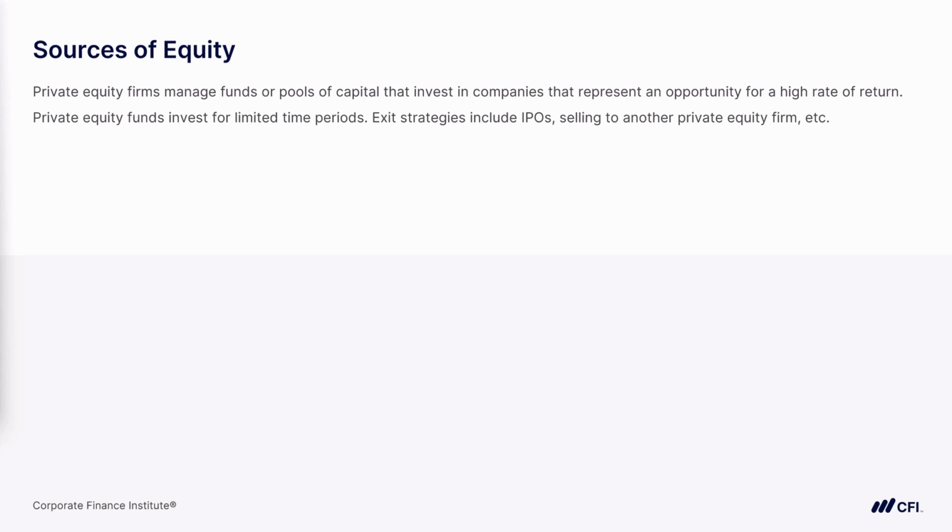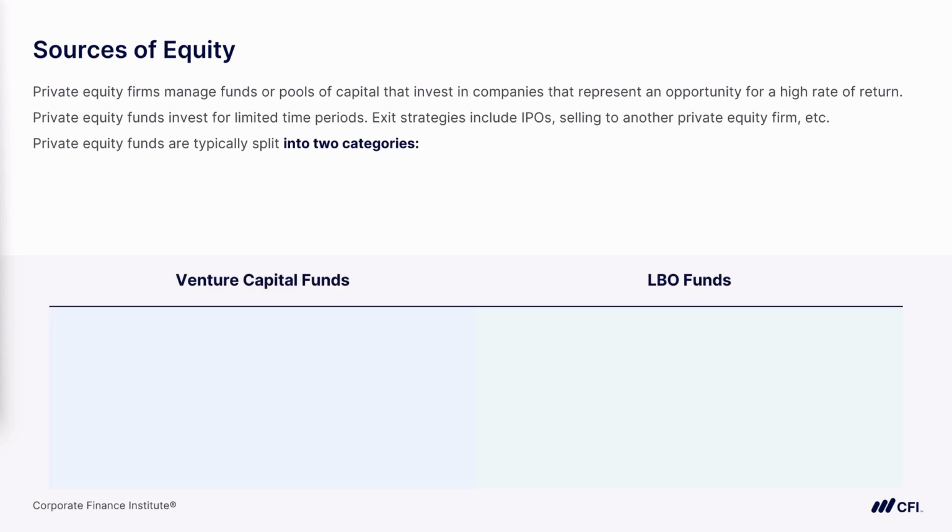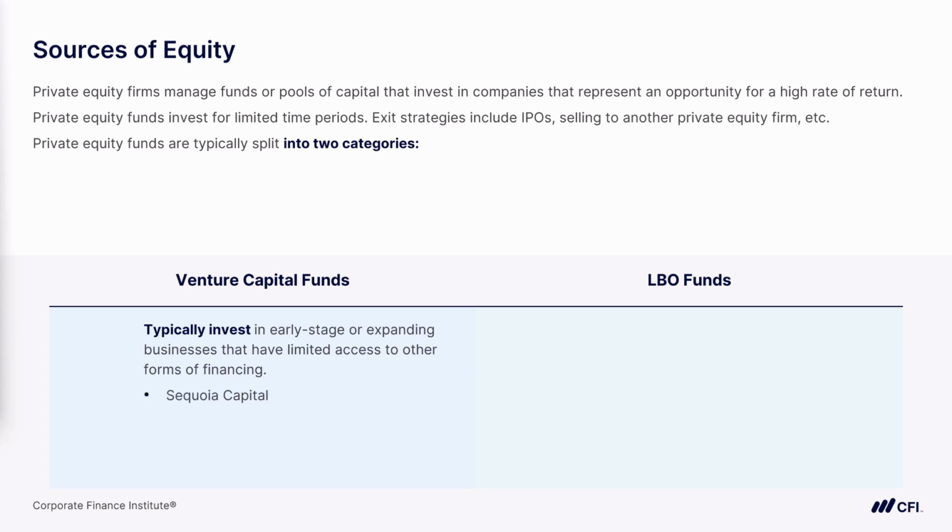The private equity funds typically are split into two categories. Now, these two categories include venture capital funds and LBO funds. Now, the venture capital funds would typically invest in early stage businesses or expanding businesses that have limited access to other forms of financing. Examples of venture capital funds would be Sequoia Capital, Y Combinator, or Andreessen Horowitz.